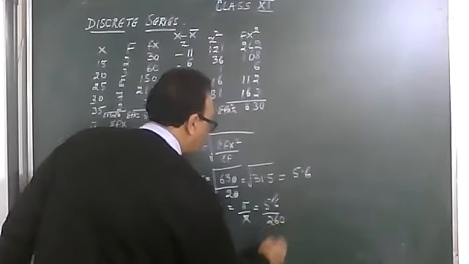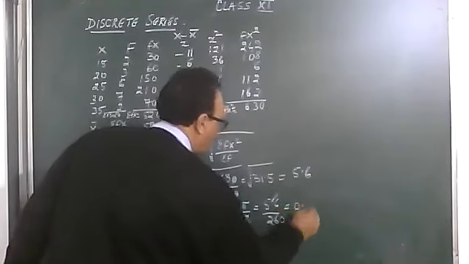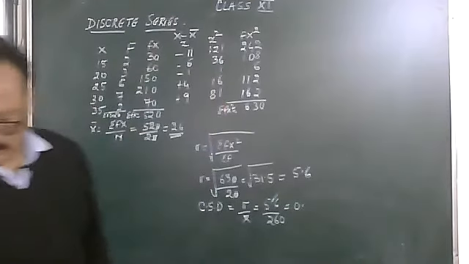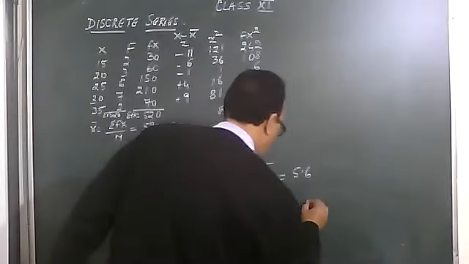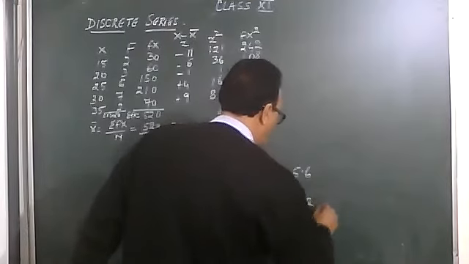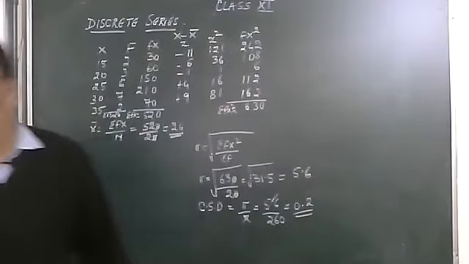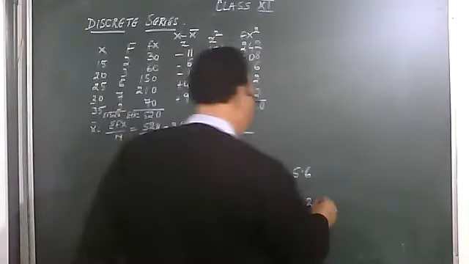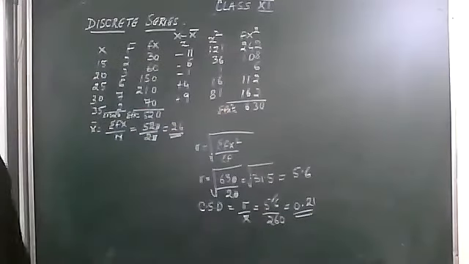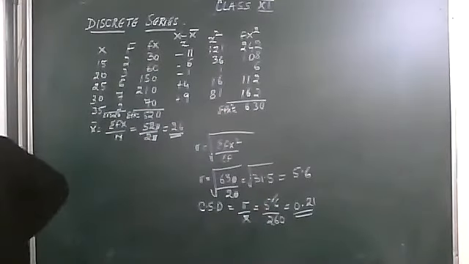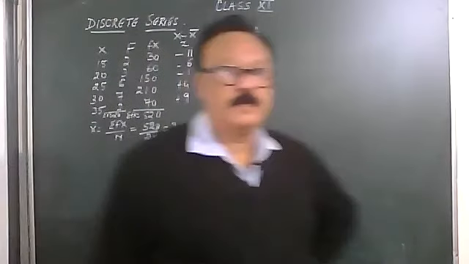That is equal to 0.2 something. 5.6 upon 26 is equal to 0.215. Have you understood, children?